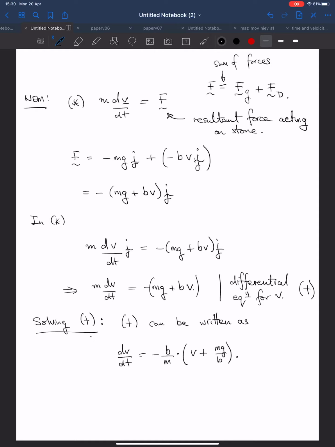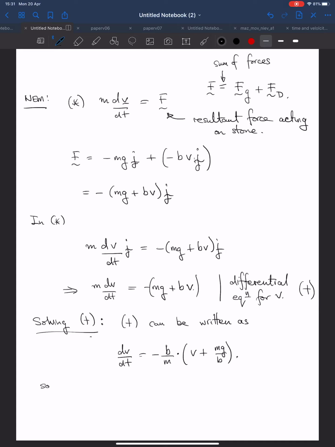Now, I'm going to use the method for solving separable equations. So next, I'll rearrange so that I have my function of v all on the left, and then I'll integrate with respect to t.